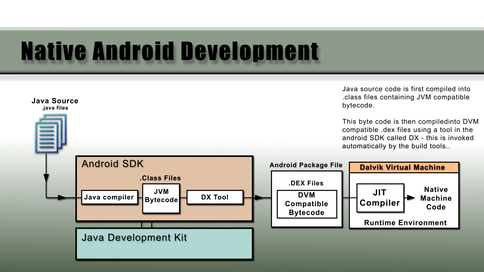Now the DEX files are then stored in the package file along with the application's resources and are then ready to be run by the Dalvik VM. Furthermore, since Android version 2.2, the Dalvik virtual machine also has a just-in-time compiler, making it run much more efficiently. The Dalvik executables may also be modified again when they're installed onto the mobile device in order to further optimize for the platform on which it is to be executed.